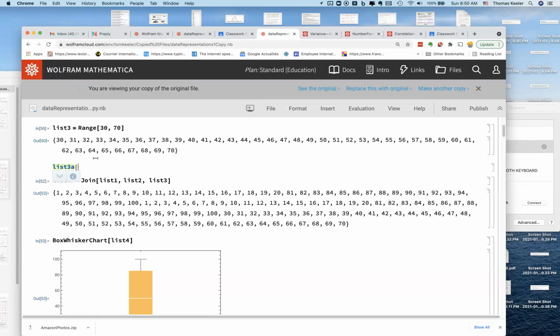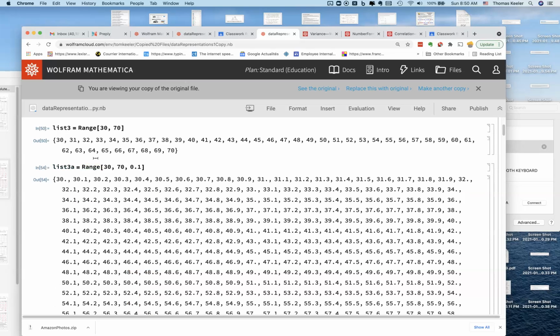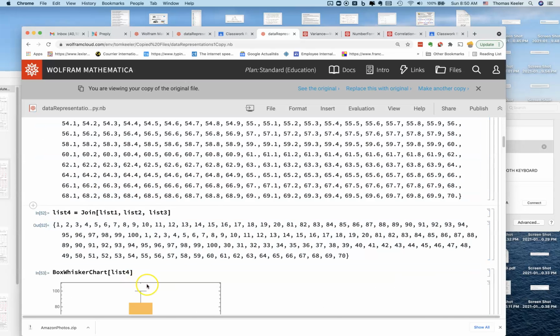So I'll put range equals range (30, 70), and I wonder if I can do it by 0.1. What I'm going to say is I want everything in increments of 1, so there'll be a whole bunch of values. Let's see if that works. Yeah, okay. So now let's add list 3a there as well into our list 4.